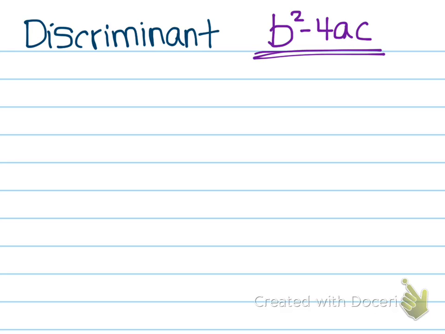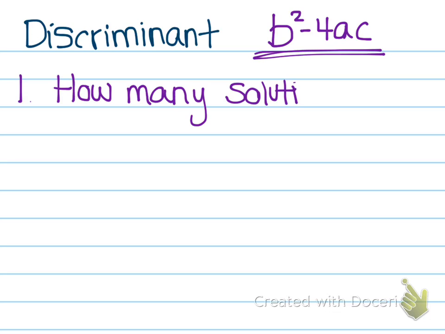So the discriminant tells us two things. It tells us first how many solutions there are, and then it also tells us what kind of solutions there are.